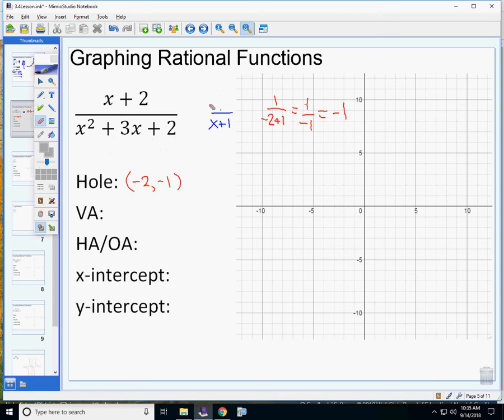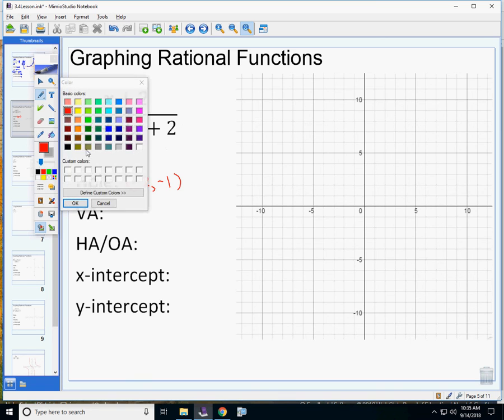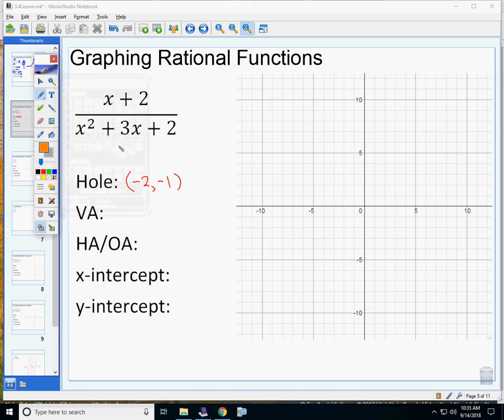Okay, the next part we're looking for the vertical asymptote. To find the vertical asymptote, remember that that is where the bottom equals 0. Now we did factor this as x plus 1 and x plus 2. The x plus 2 reduced out, leaving us with 1 over x plus 1.